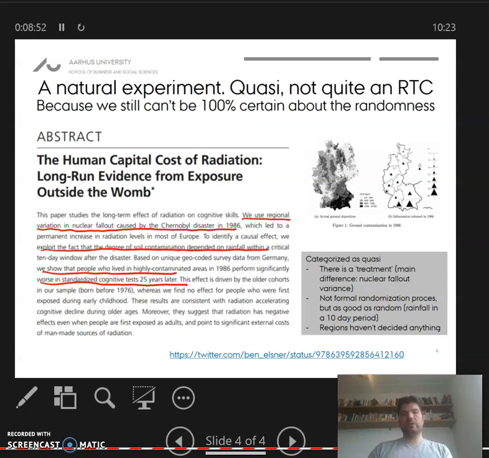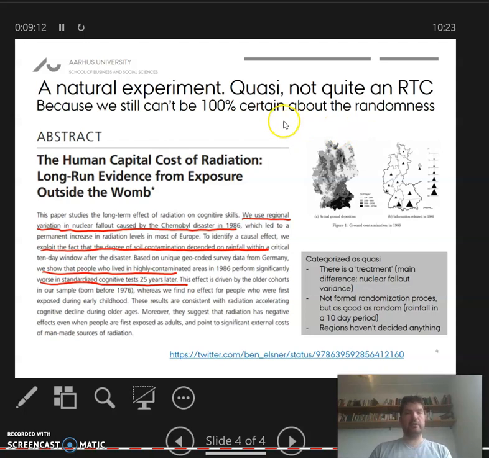Yes. So, just to showcase something that clearly is something we would call a natural experiment. It's not quite a true randomized controlled trial in the sense that we can't be 100% certain that there wasn't some kind of systematic factor. Not 100% certain like when we flip a coin in a lab.